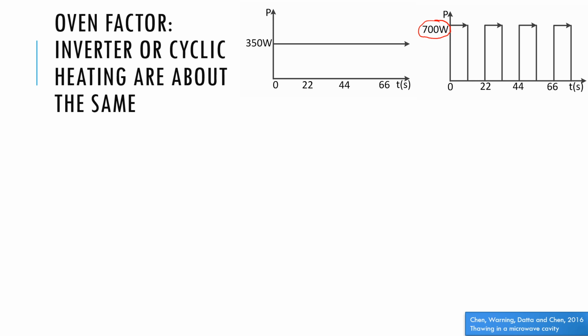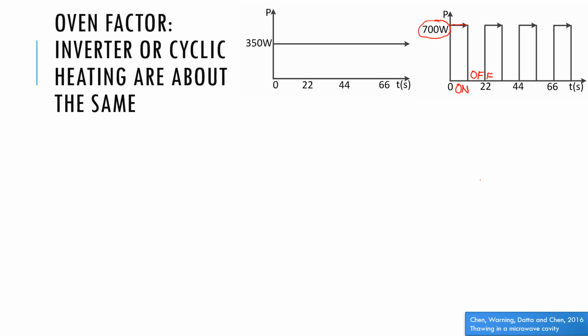So when you set it for the lower power, 350 watt, what the oven really does is it heats at 700 watt for half the time, so it's on for half the time, and the other half of the time for the cycle. So in this case it shows a 22-second cycle.